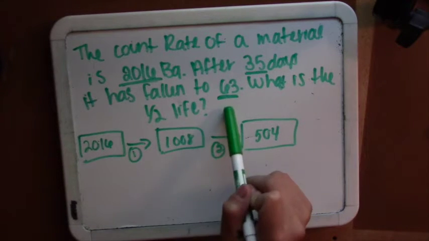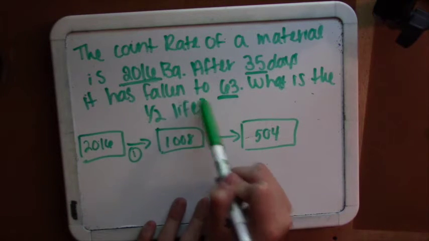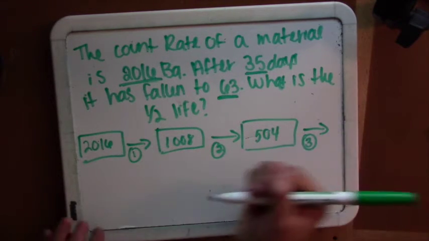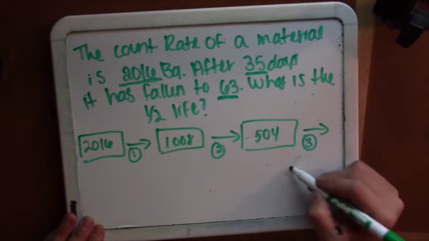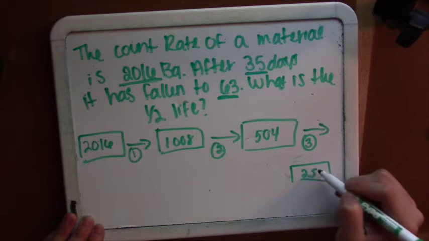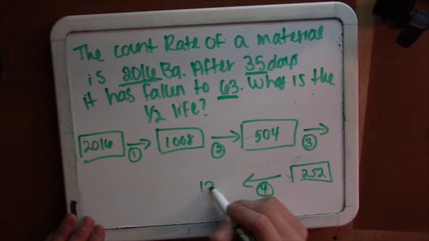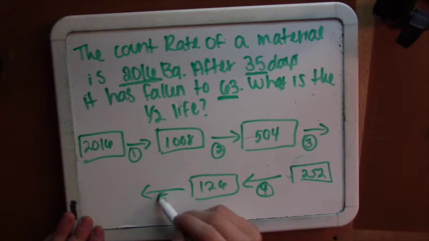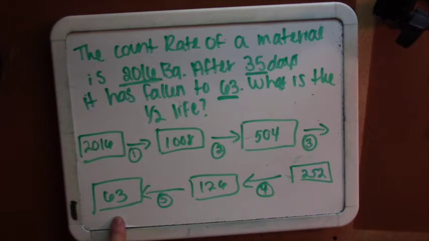In this case, we will stop once we reach 63 because it is said it's fallen to. So after dividing all of those up by 2, we finally reach 63.